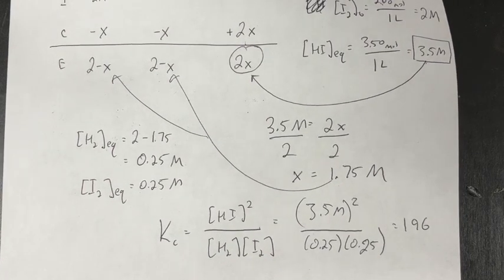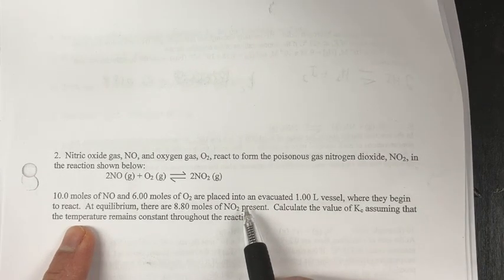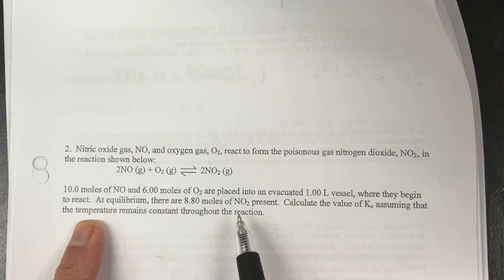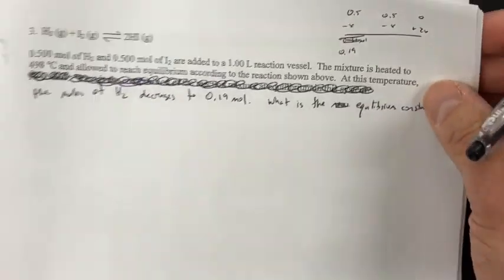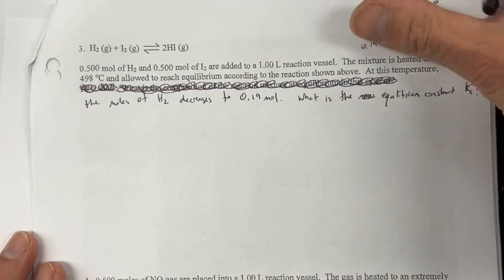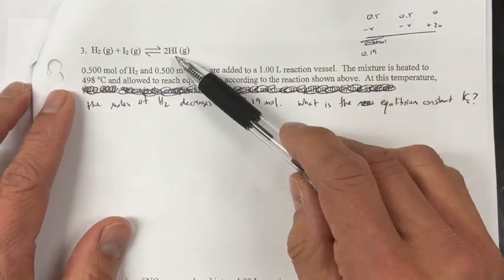Question 2 is very similar. So when you do question 2 here, go ahead and do the same thing. Question 3, I changed it a little bit from your problem here. So this is H2 plus I2, the same equilibrium.